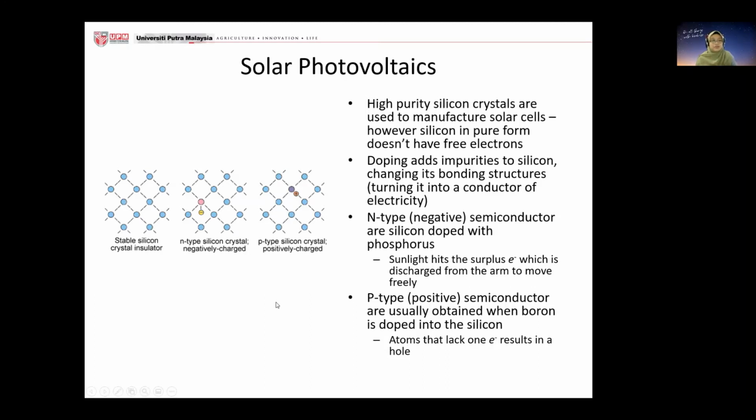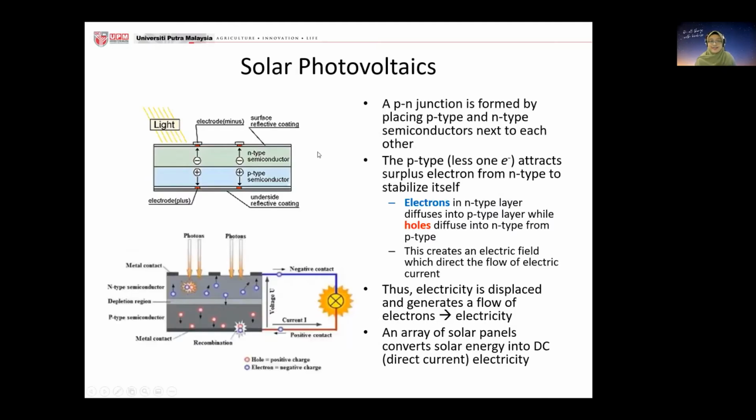How does all of this work together in PV? We look at that here. In the normal PV flat panels, usually they will manufacture the p-n junction. The p-n junction is formed by placing p-type and n-type semiconductors next to each other.